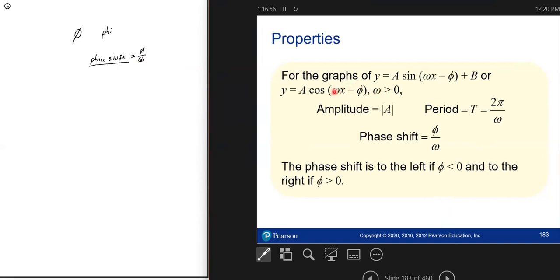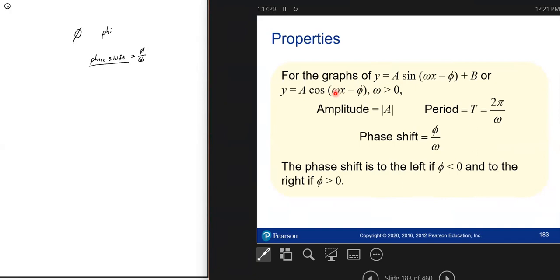So if you have a negative x, you want to take that negative out appropriately. If it's sine, then it's going to change the sign out here. And if it's cosine, you can just ignore it. But you have to be careful.